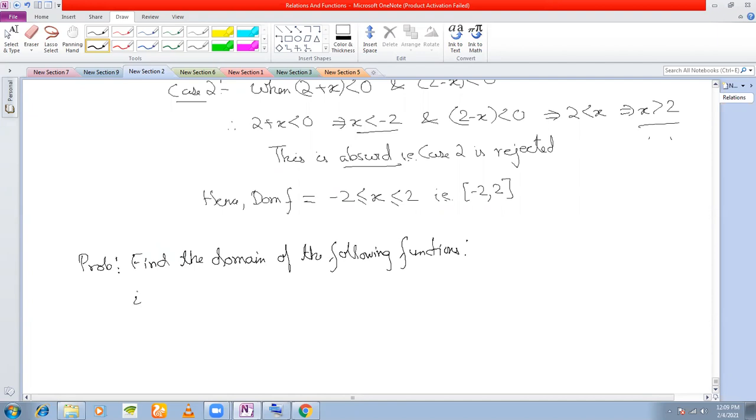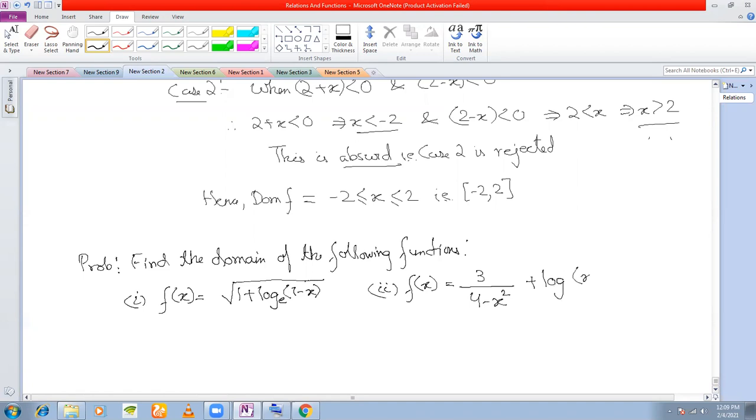So the first is given to you as f(x) is equal to root over of 1 plus log of 1 minus x to the base e. Okay, this is one. And the next question is f(x) is equal to 3 by 4 minus x square plus log of x cube minus x to the base 10.